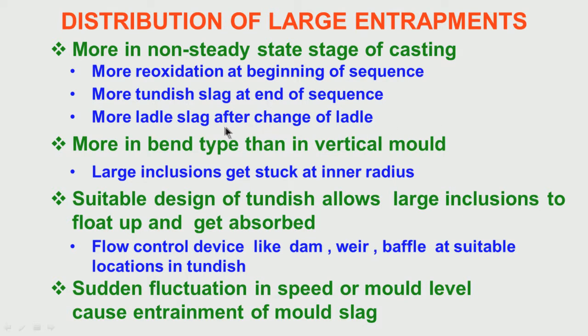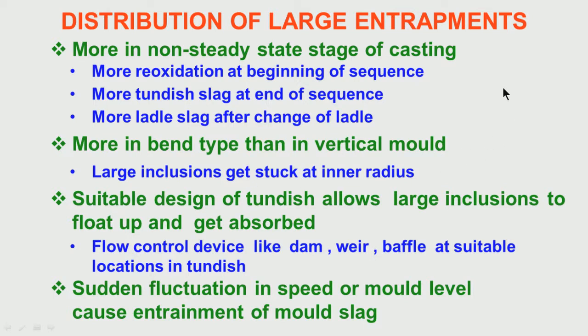So, either there should be a slag detection system, which will not allow the slag to come, or you allow some amount of liquid steel to remain in the ladle, so that slag does not get inside. So, you have to be careful about those. That means at change of heat, there is a possibility of slag entrainment, so possibility of entrapment. Then in a bend type mold, there is a possibility of more inclusions than in a vertical mold.